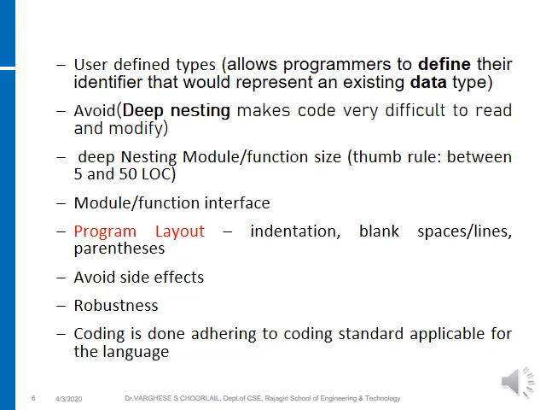Function size should be between 5 and 50 lines of code. Program layout should be with more indentation, blank spaces, parentheses, etc. Therefore, coding is done adhering to the coding standard applicable for the language.